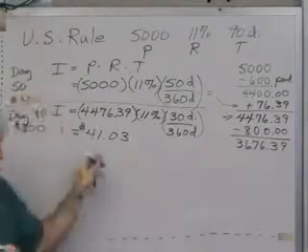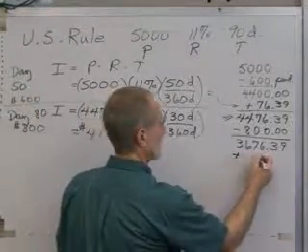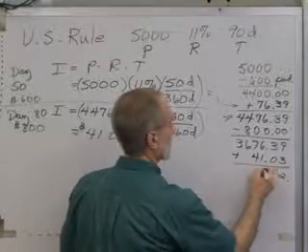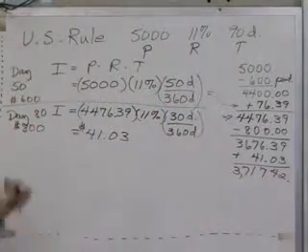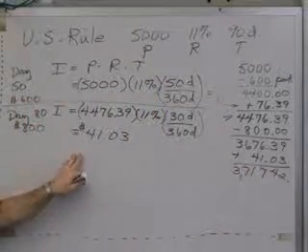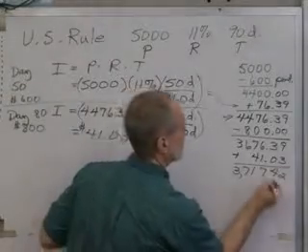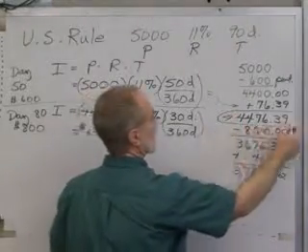He owes that much plus the interest for the last 30 days. So let's add that interest, $41.03. And that's how much he owes when he walks out the door on day 80, $3,717.42. So this is the answer to question 1.